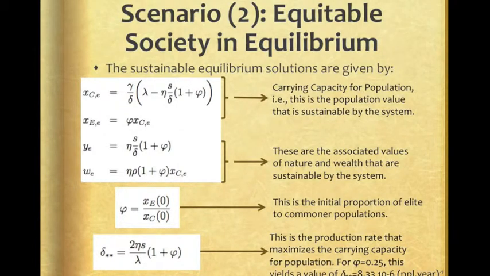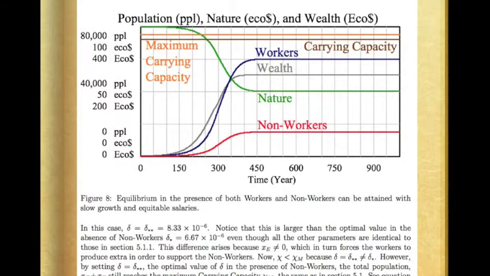Then you can look at, like in the paper they do, results varying the delta, the production rate, with respect to this value. So this is the first scenario, and this scenario is what was referred to in the paper as soft landing. Basically it means that you achieve a sustainable value for the commoners, for the workers, for the non-workers, which are the elites, for nature and for wealth.